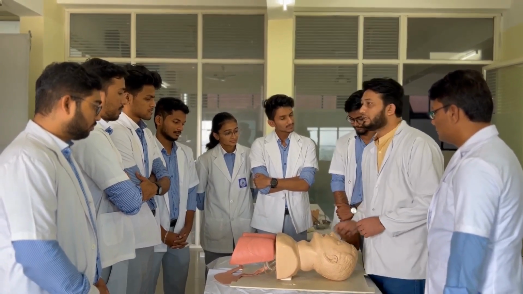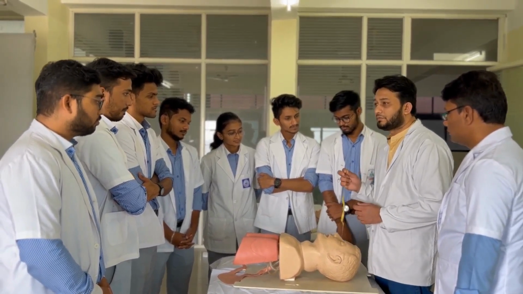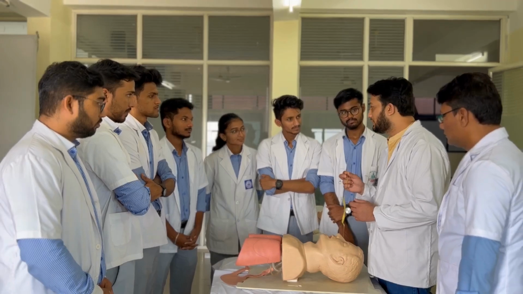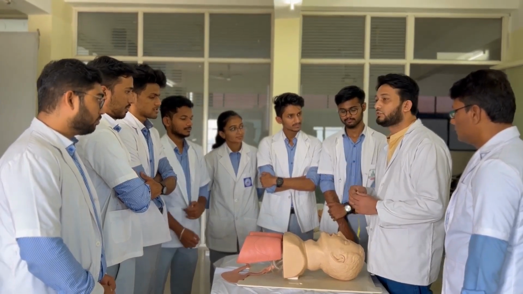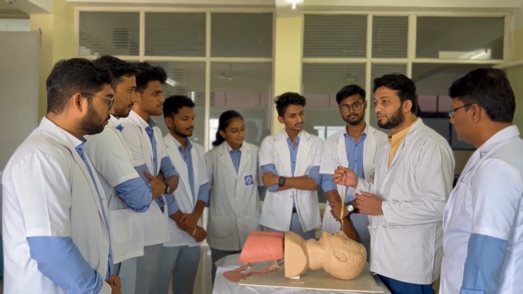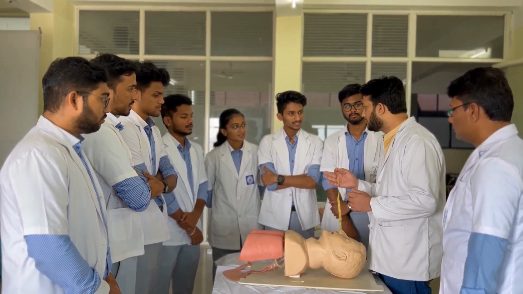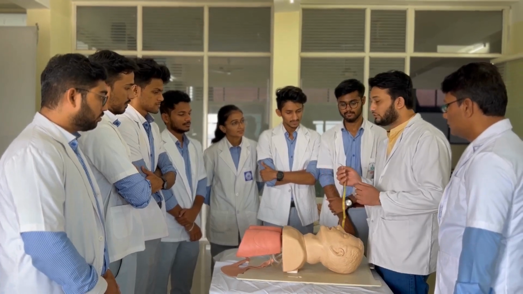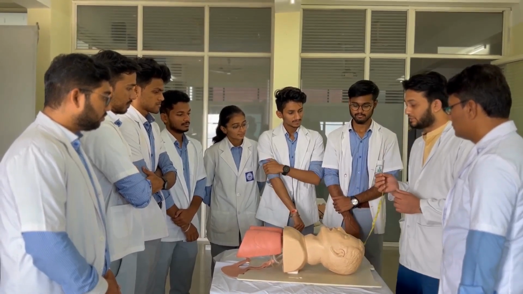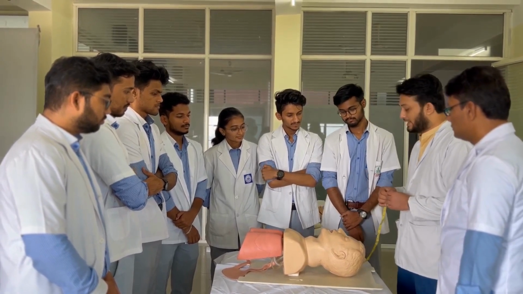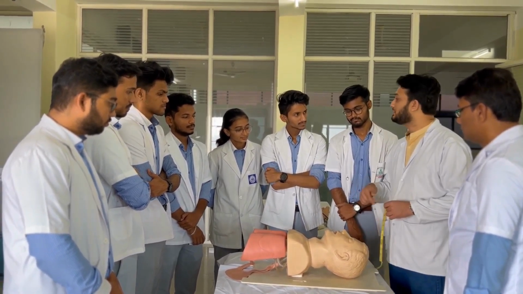So we should have a measuring tape or a measuring scale. The wound can be measured with the help of a measuring tape and also a measuring scale. Proper positioning is very important. Ideally I should not stand behind the patient.